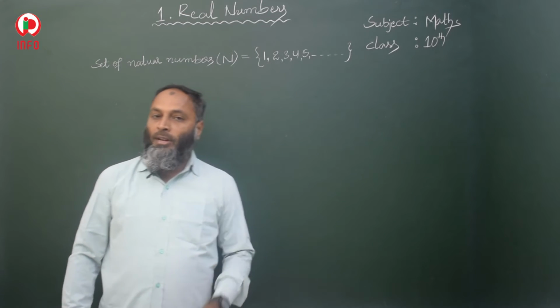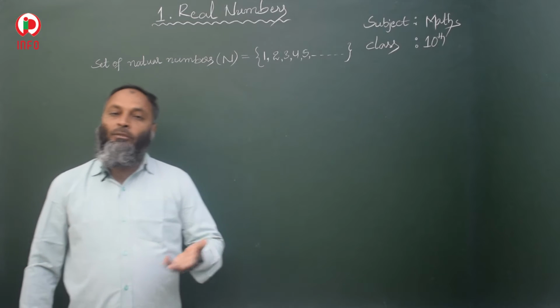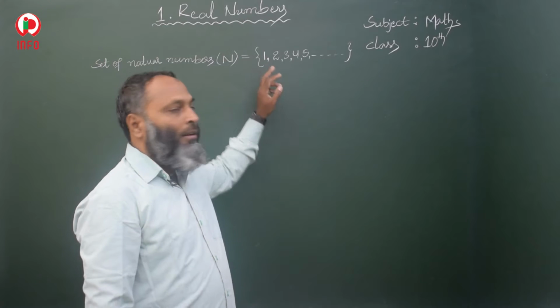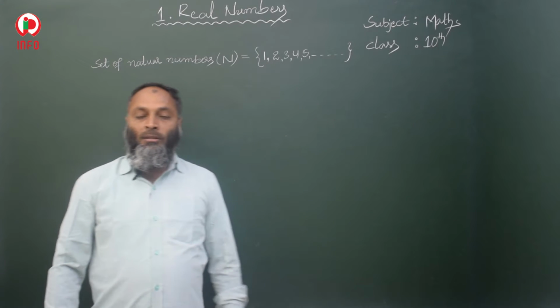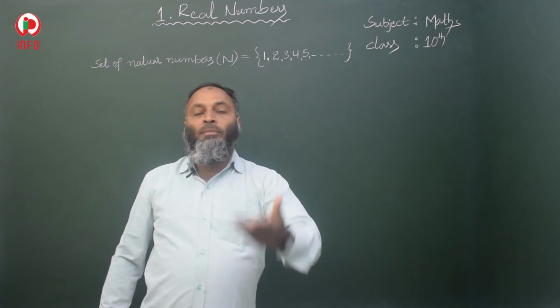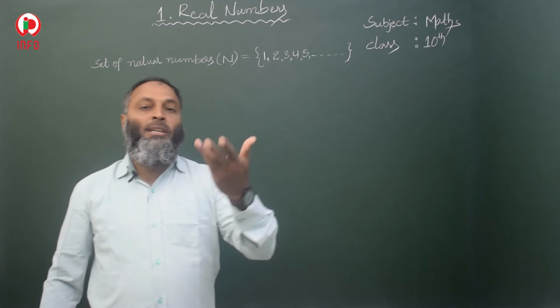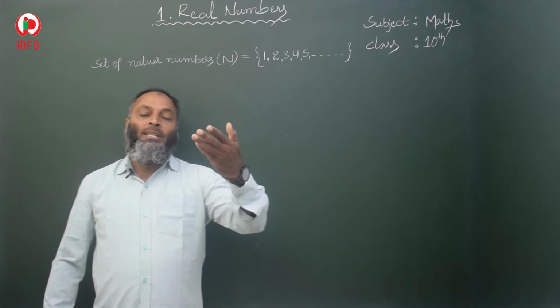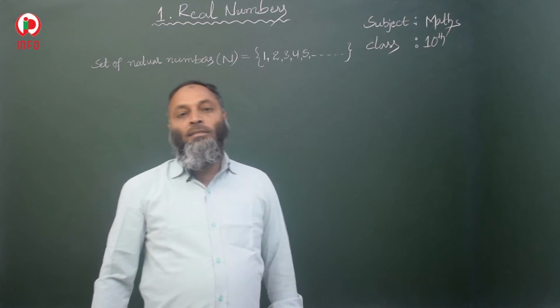In this set of natural numbers, which one is the least number? The least number is 1. And which one is the highest number? If I say the highest number is 99, then another boy stands and says 100 is also there, sir. If I say 999, one boy stands and says 1000 is also there, sir.